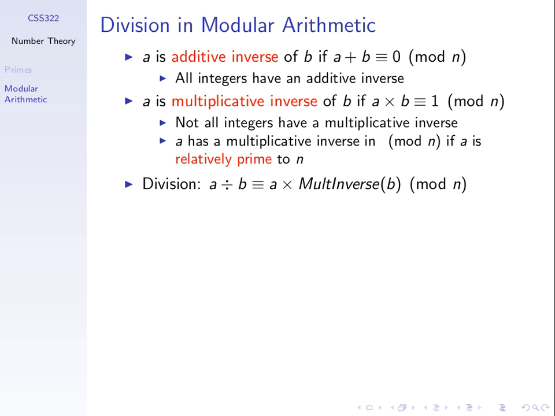We perform division by multiplying by the multiplicative inverse, when we times two numbers together and get 1 mod n. All integers have an additive inverse. Not all integers have a multiplicative inverse, only if the integer and n are relatively prime.